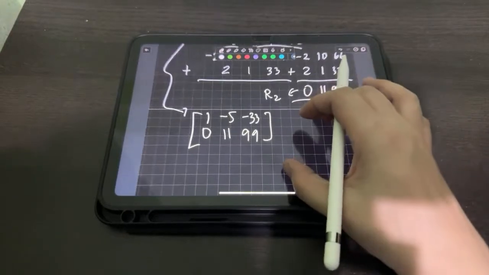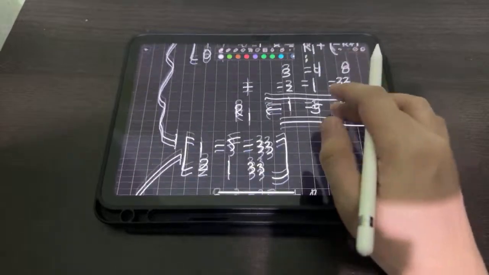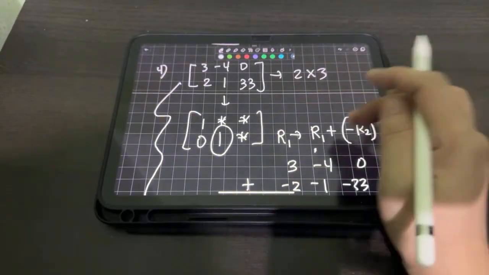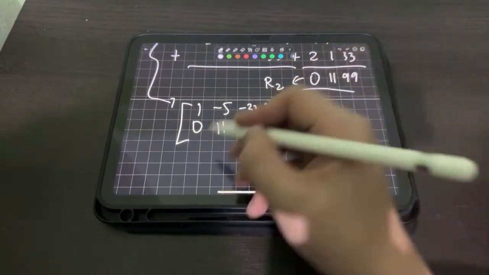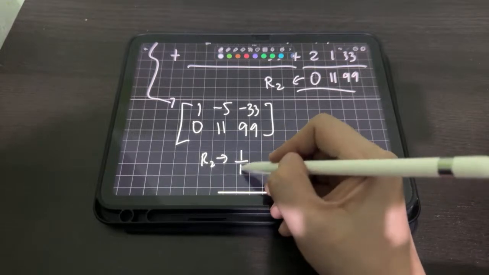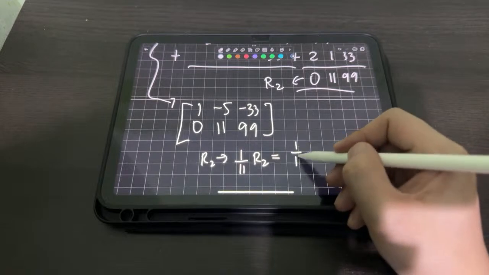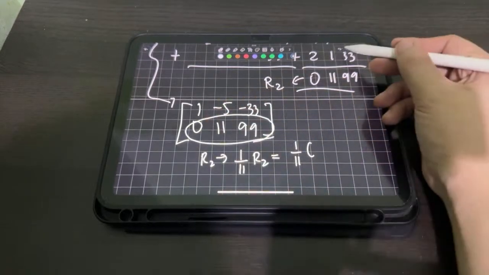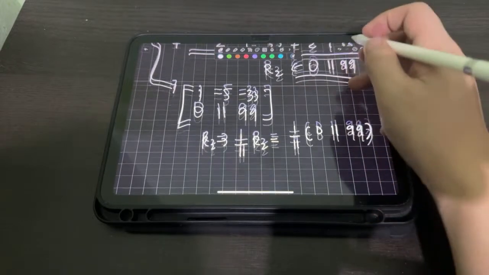The next step is to make this entry equal to 1. We can do that by simply multiplying row 2 by 1 over 11, so that we have 1 over 11 times all the entries in R2, 0, 11, 99.